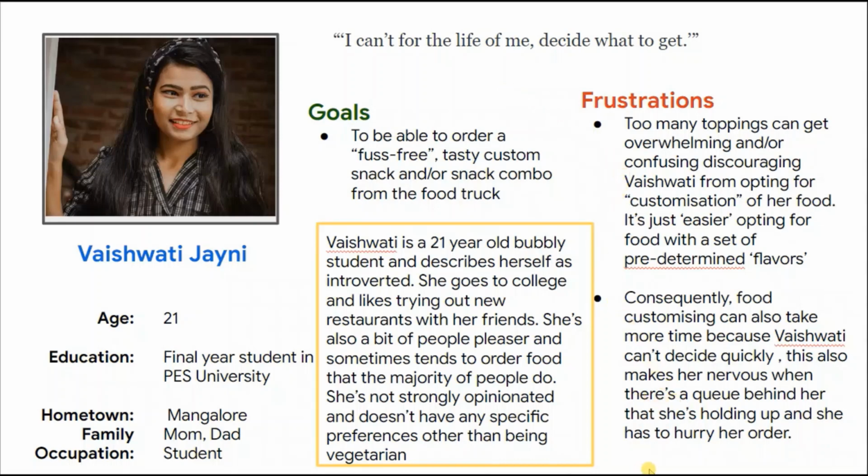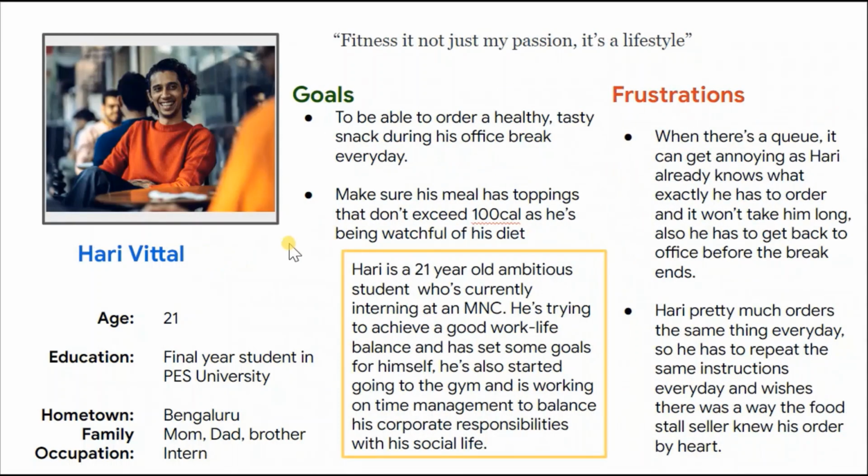The next persona we have is that of Hari. He's also a student, and he's actually interning at a company. Close to the company, Food Swings is located, so he prefers going there for a quick lunch. But he's also very health conscious. Because of this, he actually prefers customizing his dish to the T, so that he knows what exactly goes into building his dish.